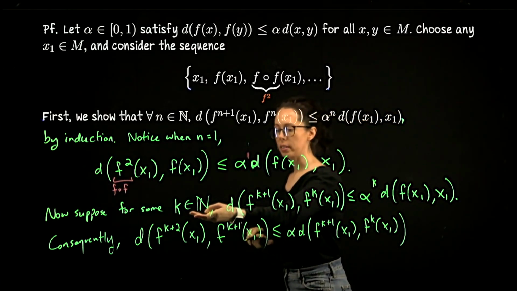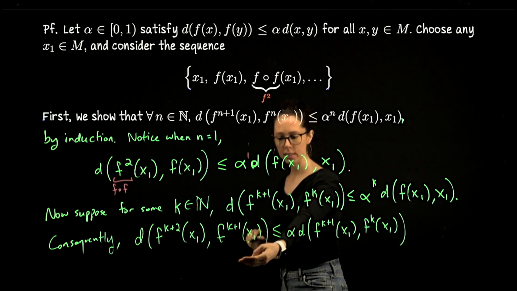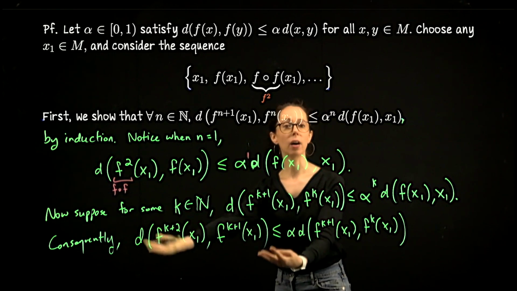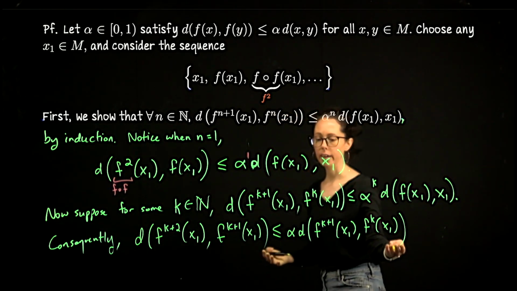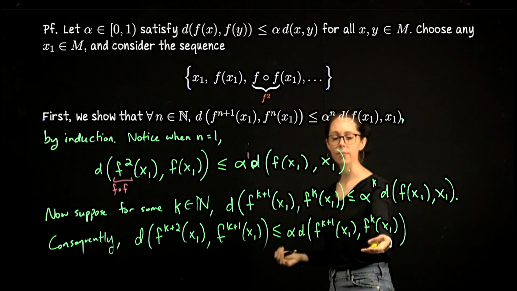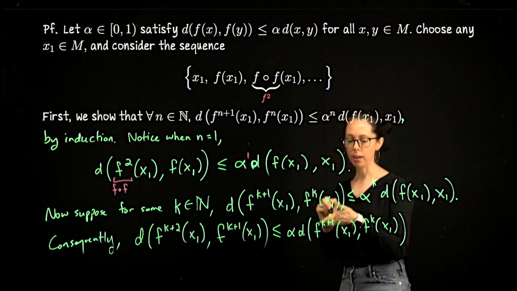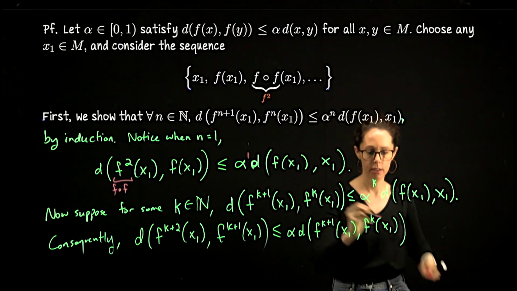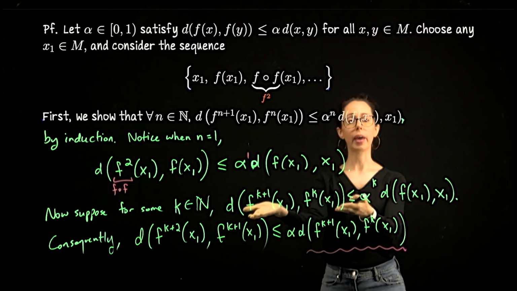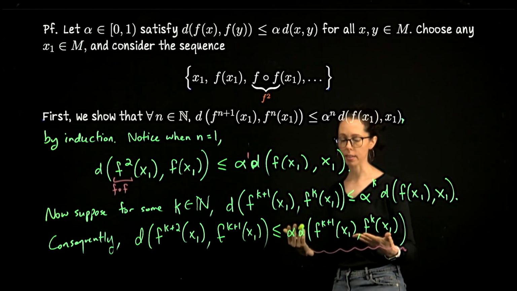So from the inductive hypothesis, we go to the inductive step. So I need to bump these up by 1, but these are outputs. So this inequality here has nothing to do with the induction. This is just using the fact that f is a contraction. But now what we're left with is exactly what we had up here in the inductive hypothesis.